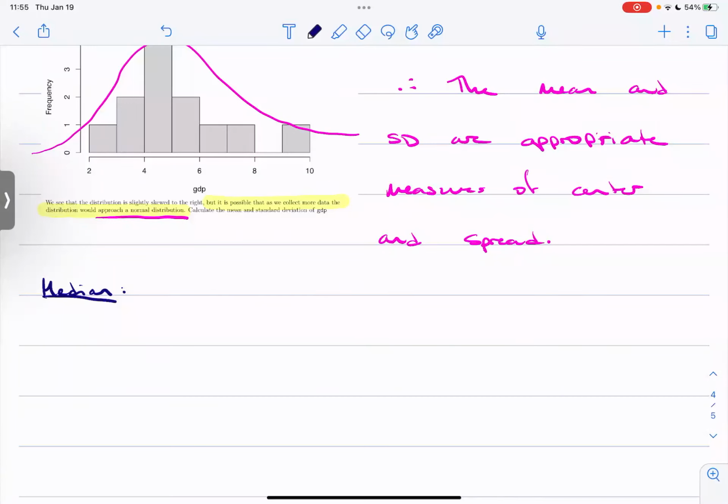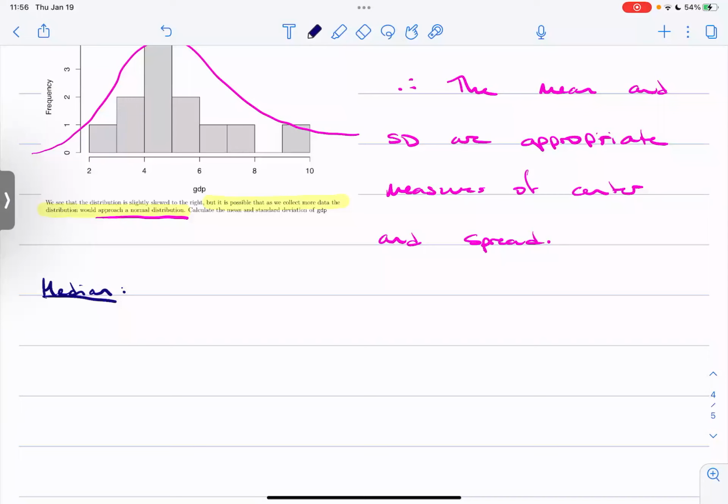And so what's the first thing that you'd have to do? You'd have to sort your data to find that midpoint. That's your first step when you're finding the median and the interquartile range, you have to sort your data.